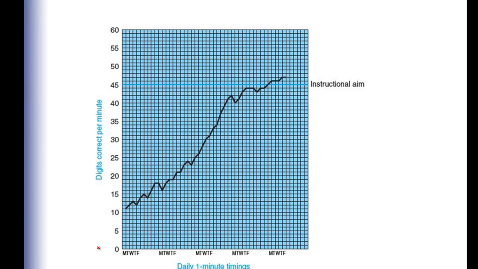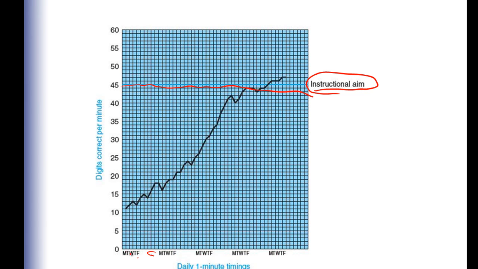Okay, this I brought out of the textbook, but this is what I think is the most common, where you graph it, and you could do this on an Excel spreadsheet easily. So here is your instructional aim. That's what this line is. You have an aim of where you would like to get them, digits correct per minute. These are 1-minute timings, and you see here Monday, Wednesday, Friday, Monday, Wednesday, Friday.